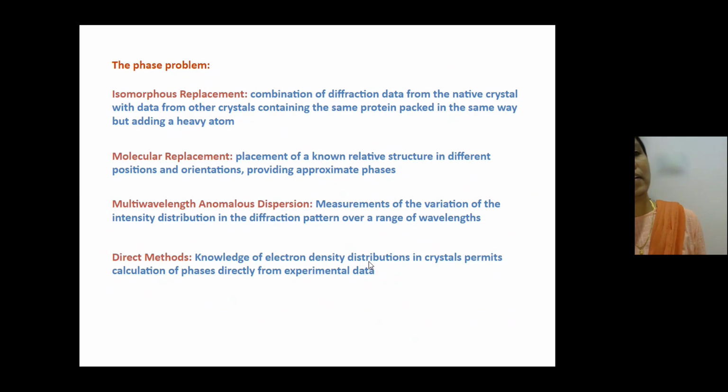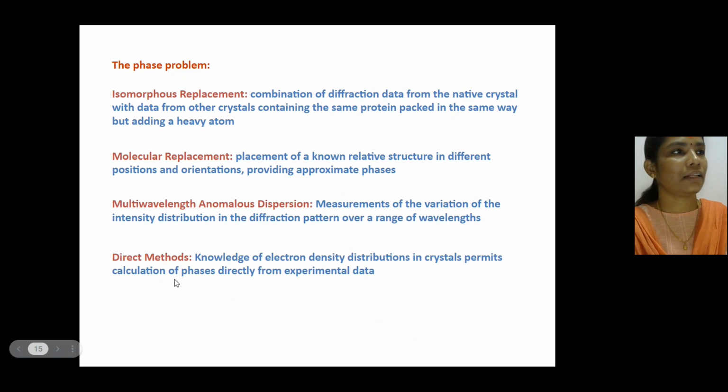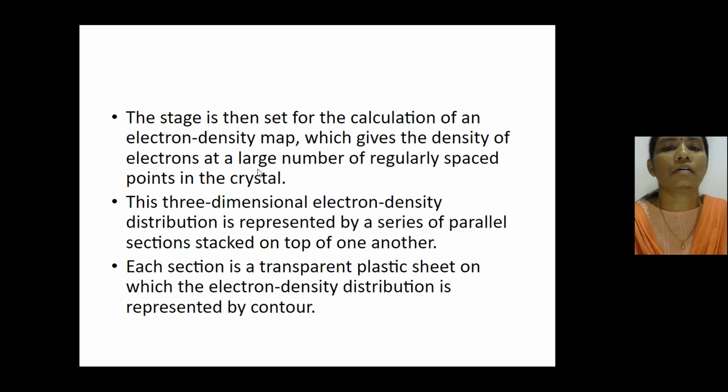If you have knowledge of the electron density distribution in crystals, then you can calculate the phases directly from the experimental data. So now the stage is that you have got the electron density map. Until you know the amplitude and the phase, you cannot have this electron density map in a proper manner.